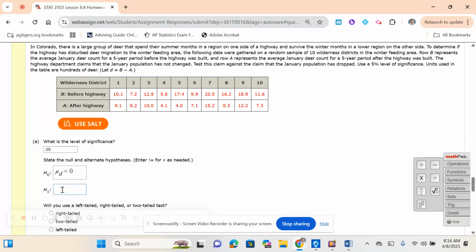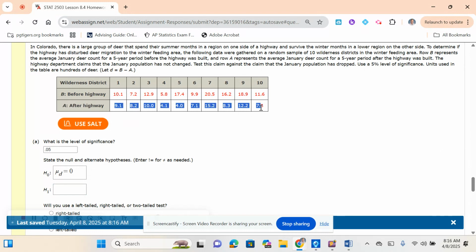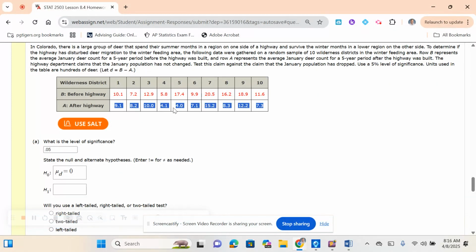Now I'm trying to prove if it has dropped. Be careful though. It's basically dropped. So before and after, basically we're saying the after is less. But my difference is before minus after. If the second one has dropped, that means the second one's smaller in the difference, so the first one's bigger.